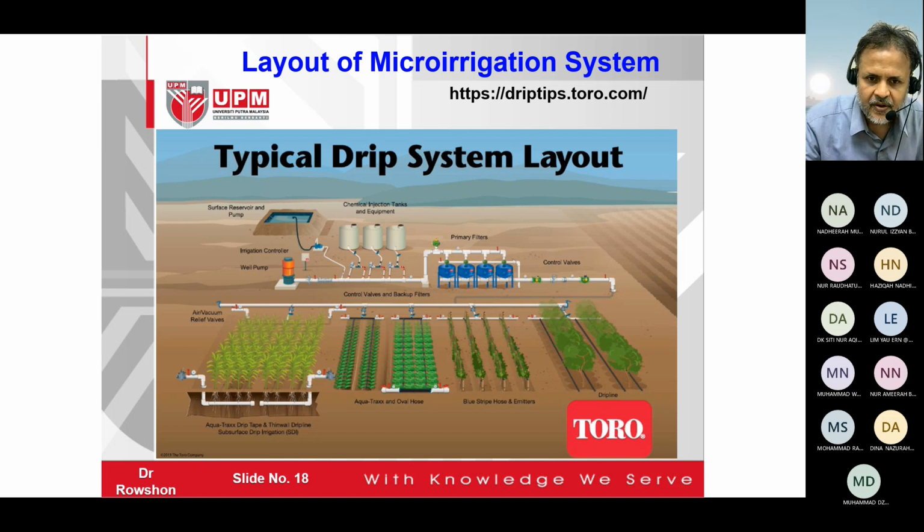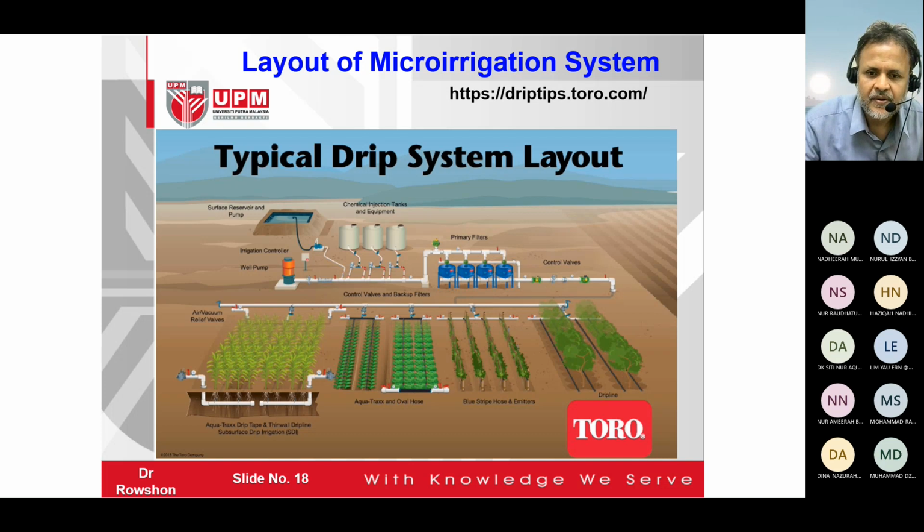When you have a crop, you put the line, and this is called a lateral. You can see two laterals connect with a small pipeline. This is called a header. Sometimes two laterals, sometimes four laterals. You can see 1, 2, 3, 4, connected with one. This is called a header.